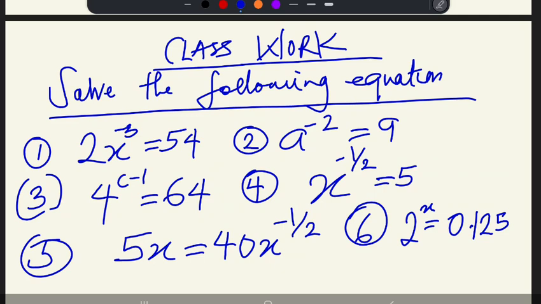Find the value of a. 3. 4 raised to power c minus 1 is equal to 64. What is the value of c? 4. x raised to power half is equal to 5. The value of x is important to find. 5. 5x is equal to 40x raised to power minus half. 6. 2 raised to power x is equal to 0.125.